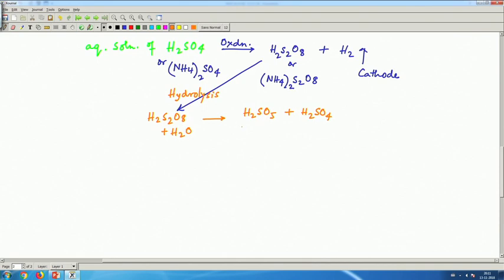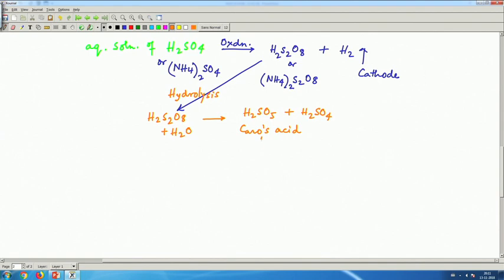So, this is known as Caro's acid, persulfuric acid, we call it persulfuric acid. That means that per group has been introduced within the sulfuric acid framework.